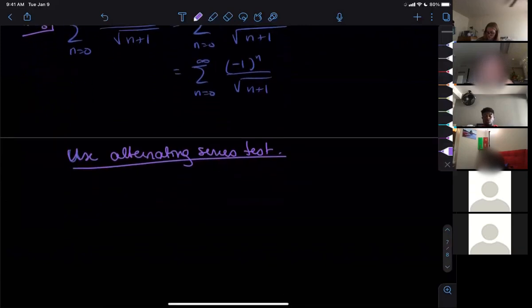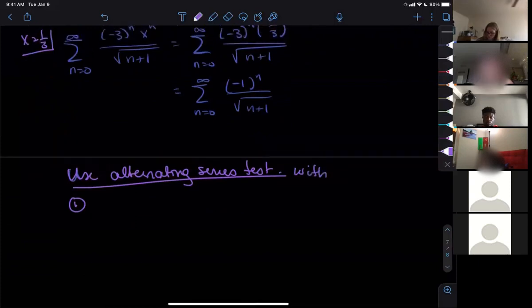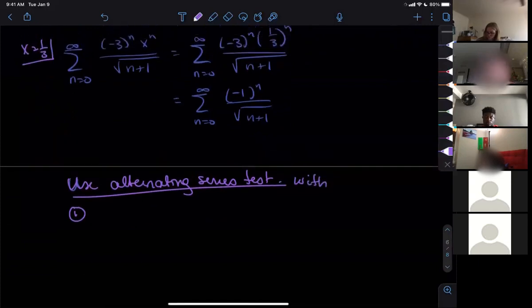What are the things that we check? Decreasing? Yeah, that's right. So we pull away the alternating part, let's do that right now. I've got negative 1 to the n, that's the alternating part. I pull that away from the positive part, and b sub n is that positive part.